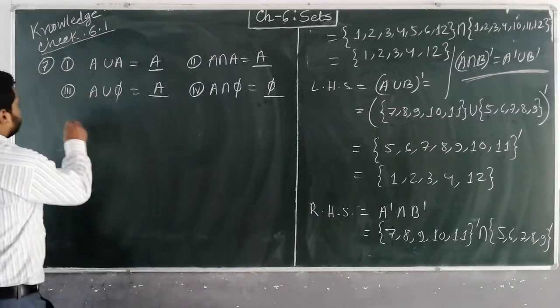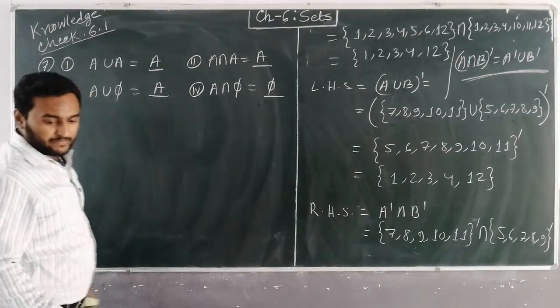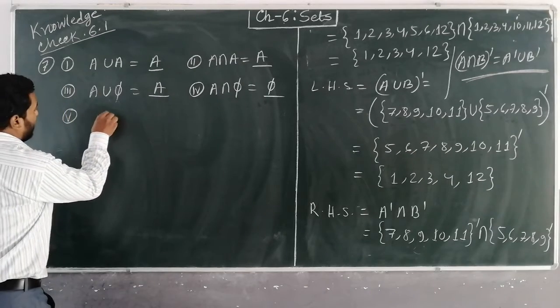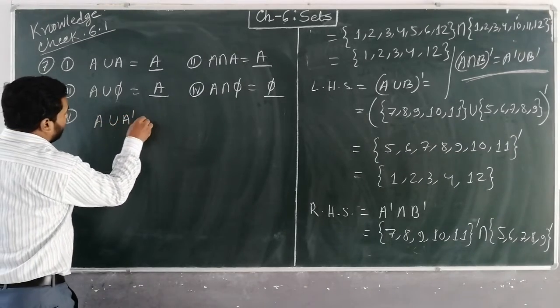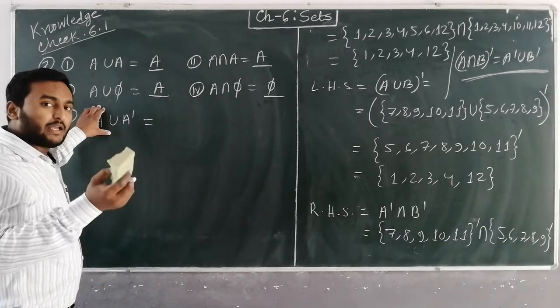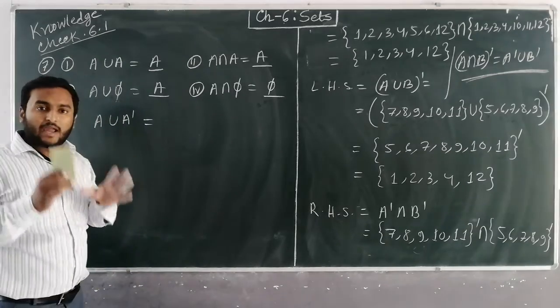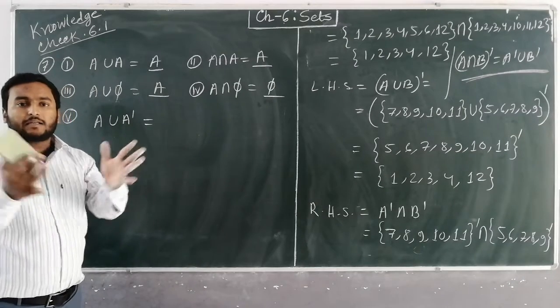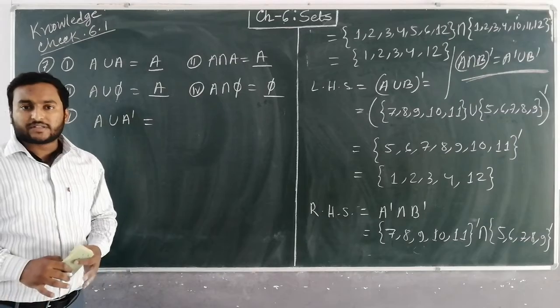Now fifth part. In the fifth part it is given A union A complement. Now see this. A is the set, and A complement means all the elements except A, and their union will be the universal set.